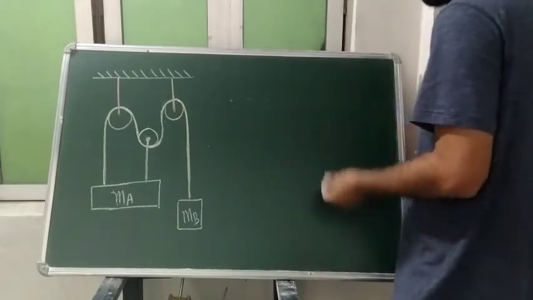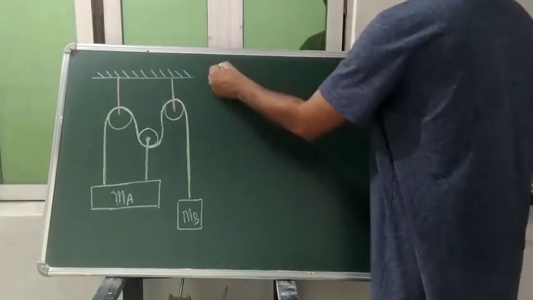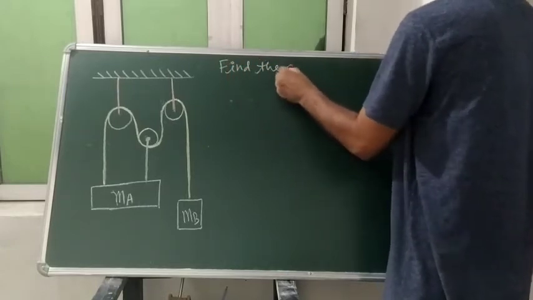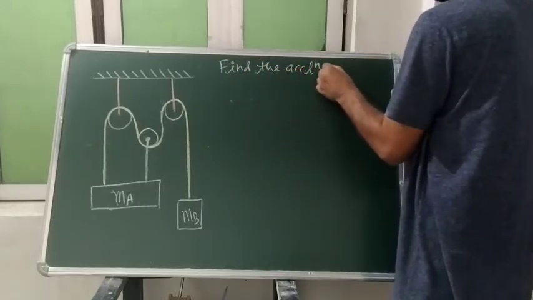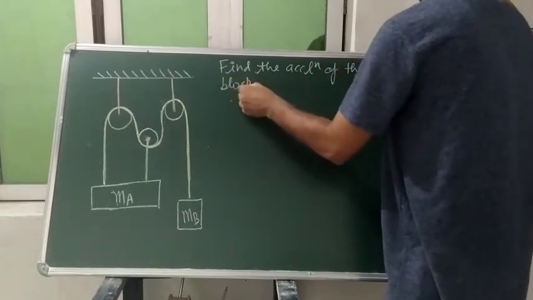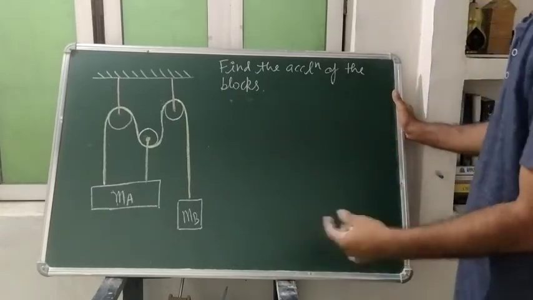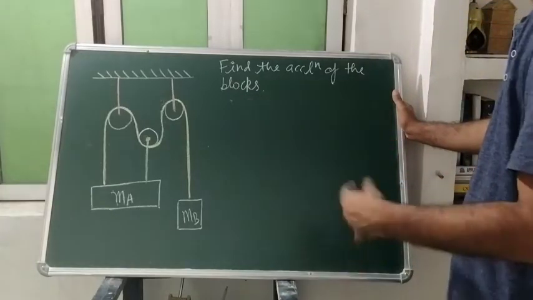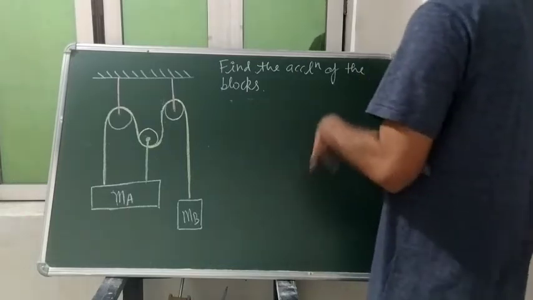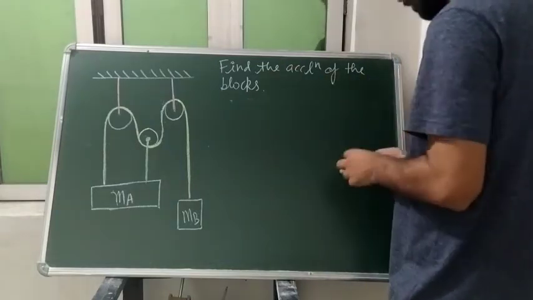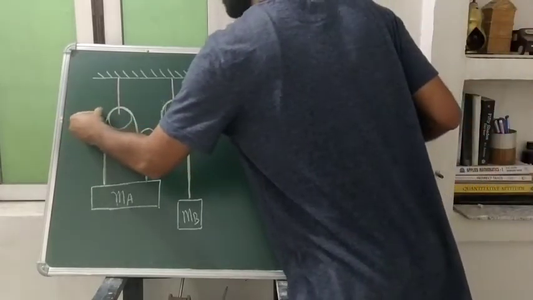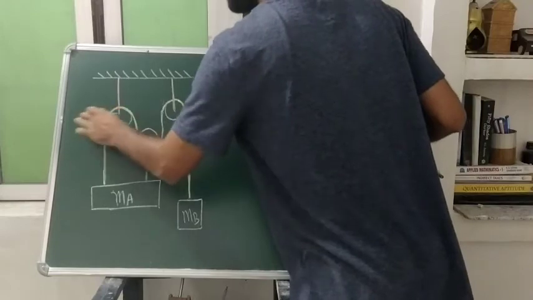So of course, student, the question will ask you to find the acceleration of the blocks. There are two methods of solving it. One is the traditional method, the other is the short trick method. We will solve it by the short trick method, because we want to know what the short trick method is, though by the traditional method also you can solve it.